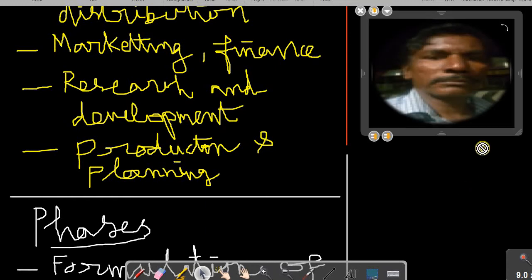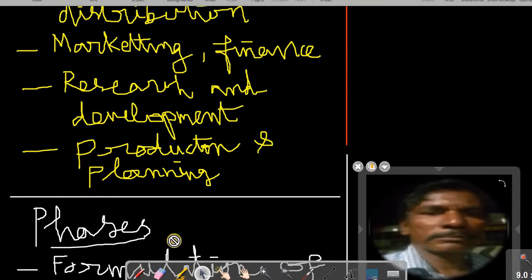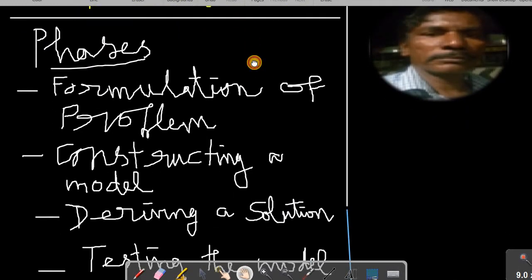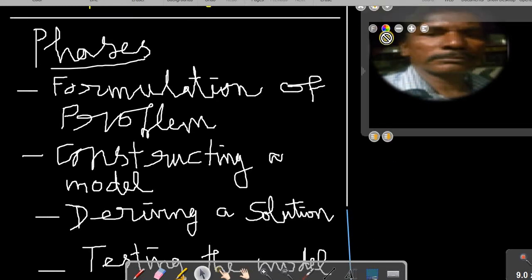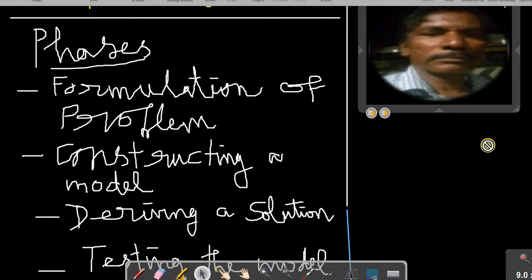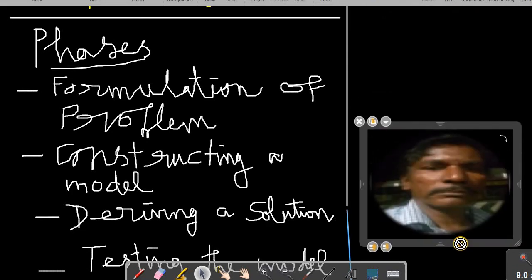Now coming to the phases. What are the different phases in operation research? A lot of phases are there, and if you refer to the book, you can find many. Here we are seeing some of them, which will lead you to understand something about operation research. Formulation of the problem is the first phase in any operation situation. The second is constructing a model.